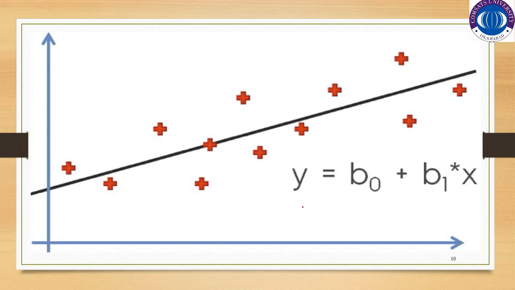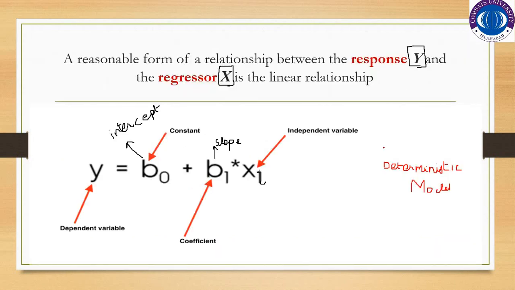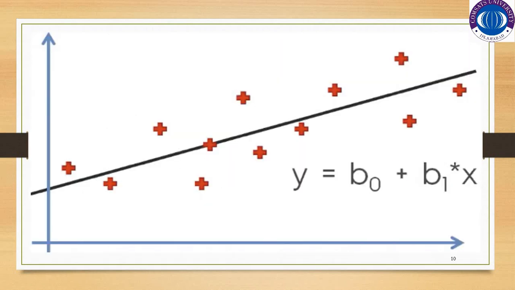So we will plot this particular line on this scatter plot, and this model is called a deterministic model, as we can determine the random variable y on the basis of this variable x. But the problem is, as you can see, this line is passing through these data points, but it is not capturing all the data points.